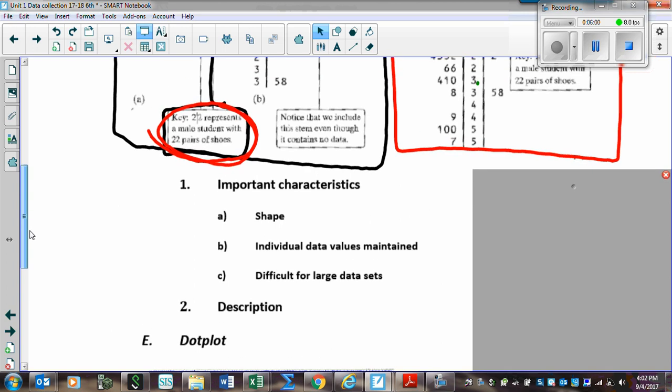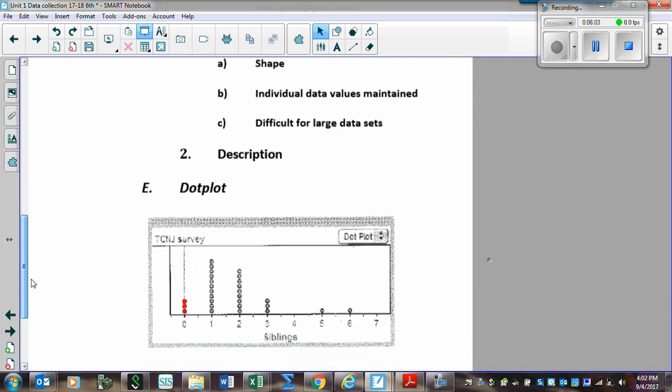And then for a dot plot, that's pretty simple. It's very similar to the histogram, but this one has a class width of 1, and so it just records every item. We can see in this one, this is the number of siblings that people were asked. 3 people had 0 siblings, and 1 had 6, and 1 had 5, and 3 had 3.